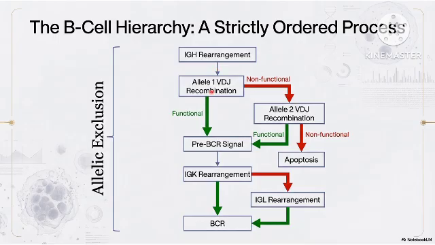If allele 1 undergoes VDJ recombination and it leads to a functional rearrangement, then the pro B cell can become a pre B cell. If allele 1 has led to a non-functional protein or unproductive rearrangement, then allele 2 comes into play.